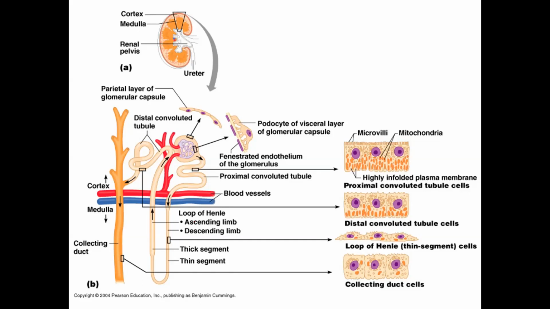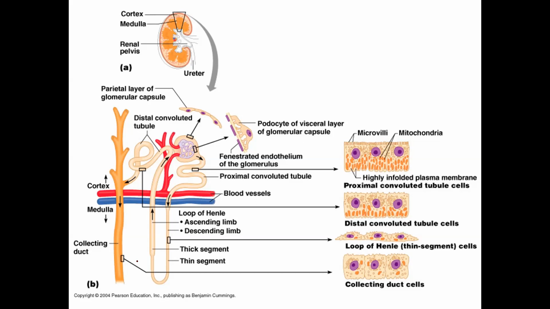And then on this side, this big tubular structure is called a collecting duct. The collecting duct is lined by simple cuboidal cells, with hardly any microvilli or mitochondria.